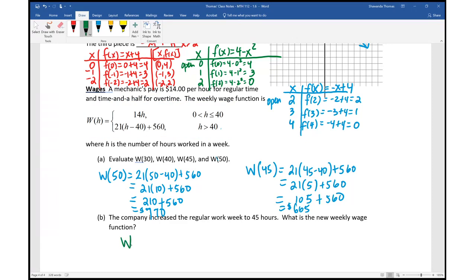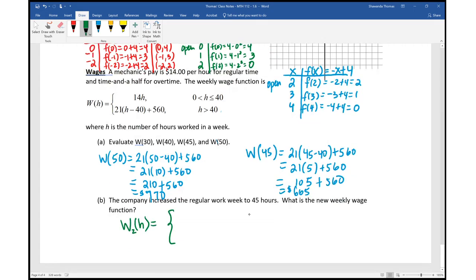Well, let's call this W sub 2 of H. All right. So one thing that would change over here on the right side, we know that H will be between 0 and 45, right? And then we know at the bottom it would be H greater than 45. We definitely know that.